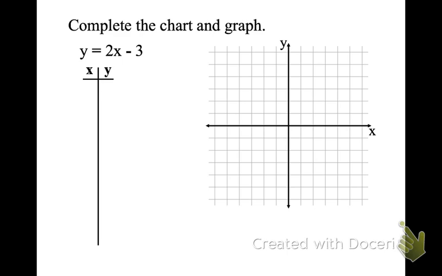Okay, so let's start with our rules of graphing. If you want to maybe get started with some of them, if they're basic ones. I usually tell my kids when they're starting to graph, I would like you to make 3 columns. So you're going to do something like this.